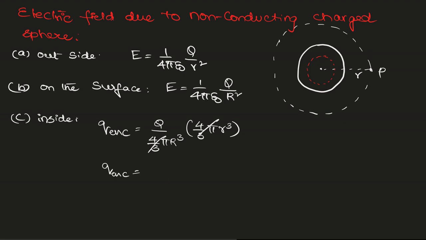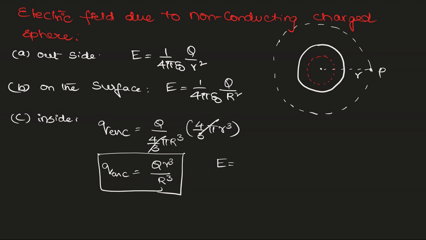So Q enclosed will be equal to Q r cube by R cube. This is charge enclosed. And hence if they asked for electric field, that will be obtained with the help of Gauss law.